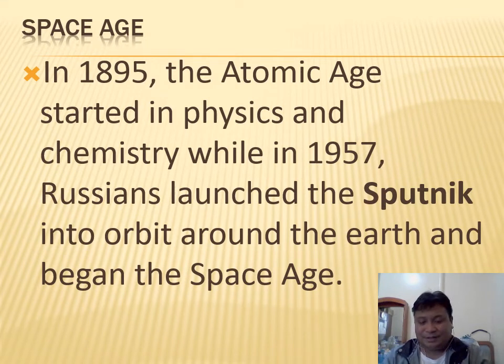In the year 1895, the atomic age started in physics and chemistry, while in 1957, the Russians launched Sputnik into orbit around the Earth and began the space age. And the first astronaut who was sent there was Yuri Gagarin.